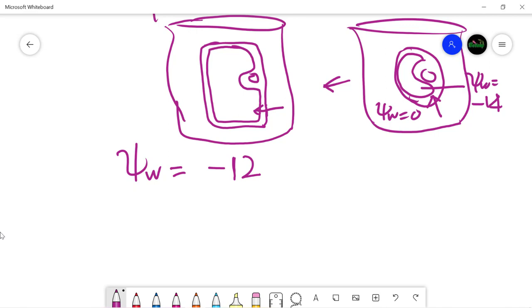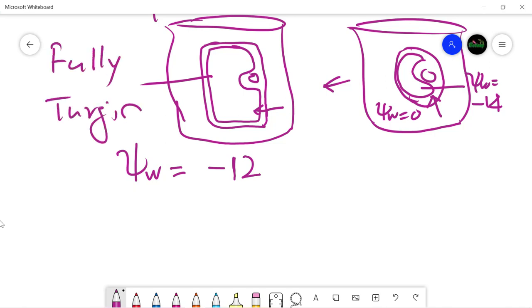At that particular point, when the cell reaches its maximum size, or when it becomes fully turgid, pressure will develop inside the plant cell. So now we have water potential that is minus 12, and so will be its solute potential. It will be minus 12. And pressure will develop.